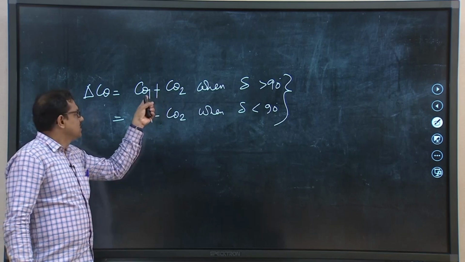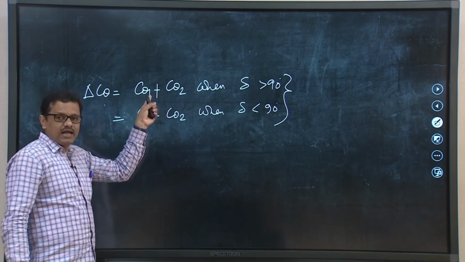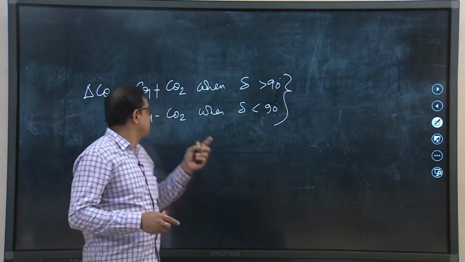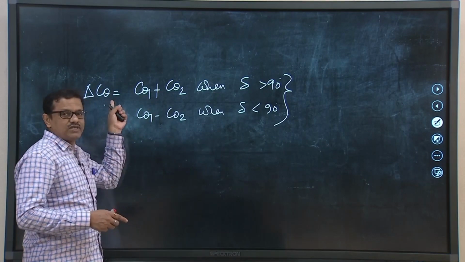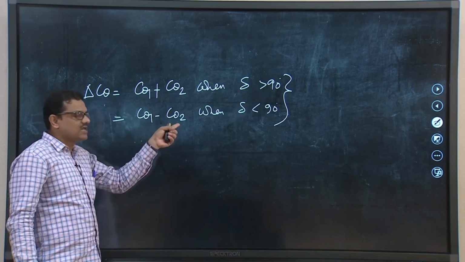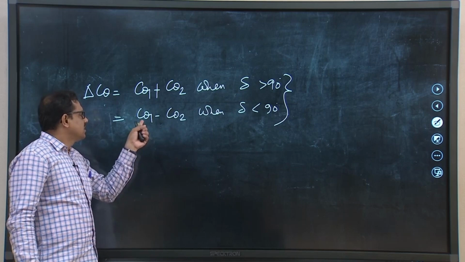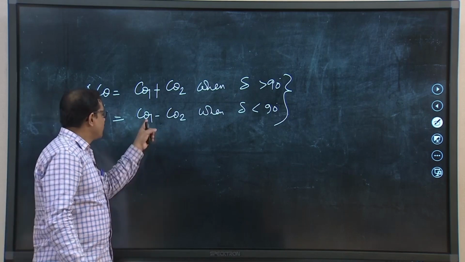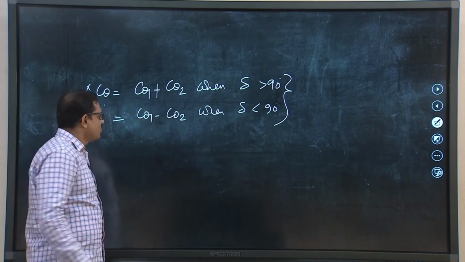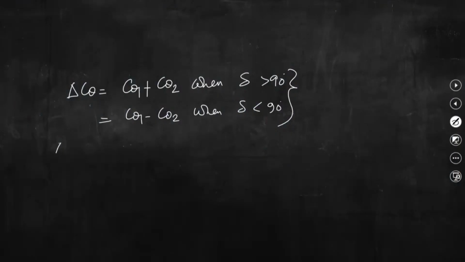That means we have to add the swirl components of velocity together to estimate the change in swirl component of velocities. But when delta is less than 90 degree, then one component, C theta 2, should be subtracted from C theta 1. So, for this particular case, delta C theta equal to C theta 1 minus C theta 2.